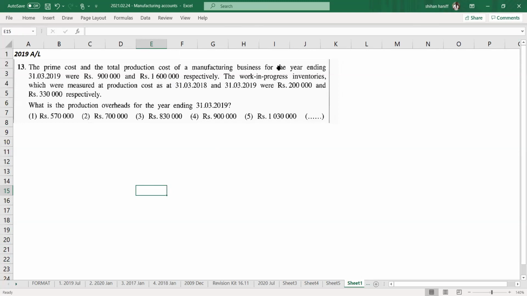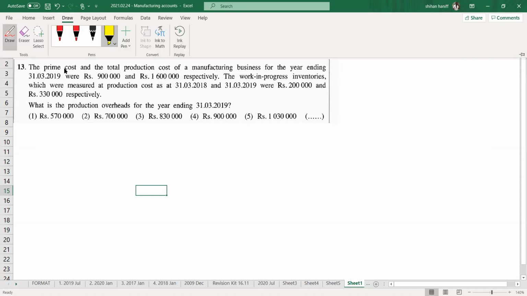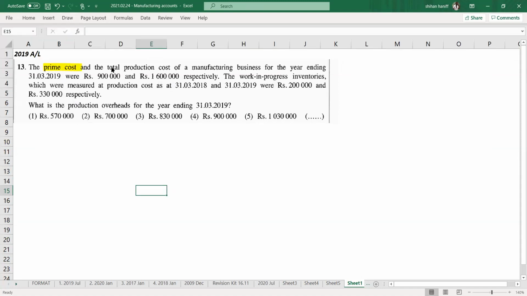What is the answer for this? Prime cost and the total production cost of a manufacturing business for the year ending 31st March 2019 were 900,000 and 1.6 million respectively.